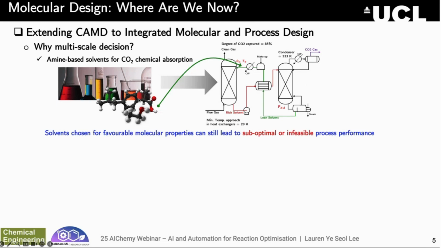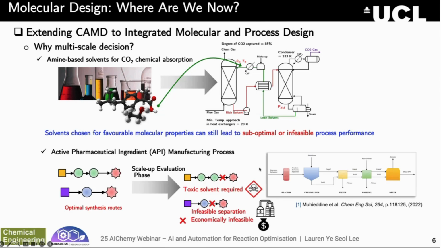A solvent like monoethanolamine, MEA, may show excellent molecular properties like high CO2 solubility and fast reaction kinetics, but when placed inside an absorber and desorber, the overall process may perform poorly. For example, heat exchanger constraints, regeneration energy, or solvent stability can completely change the solvent ranking. So the disconnect between the molecular and process scale is a major barrier in solvent design.